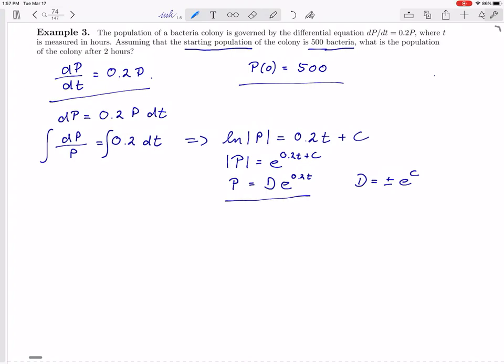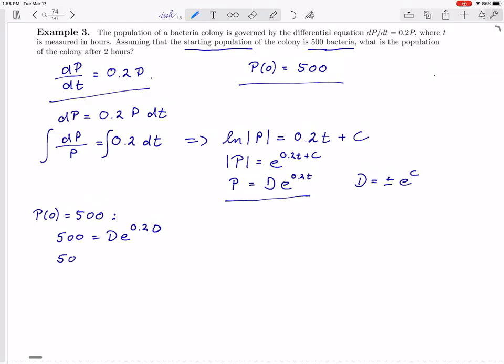Now I can solve for d subject to the initial condition p(0) equal to 500, and so I have 500 is equal to d e to the 0.2t, and t takes on value 0 because that's our starting point.